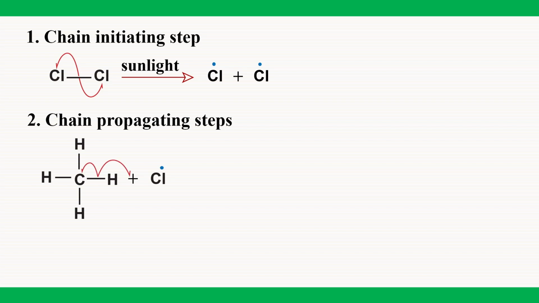Homolysis of this CH bond takes place, resulting in a CH3 free radical, and this Cl free radical joins with this hydrogen atom removed to form HCl. These are the products: methyl free radical and HCl.